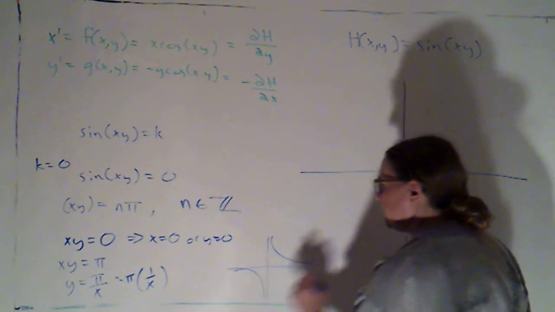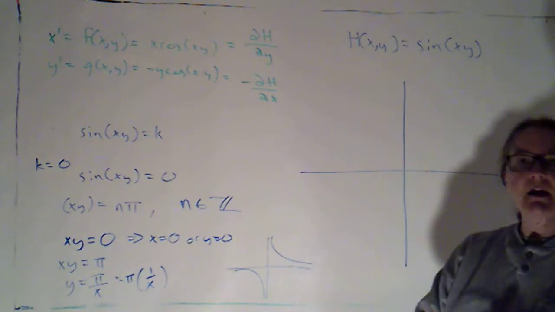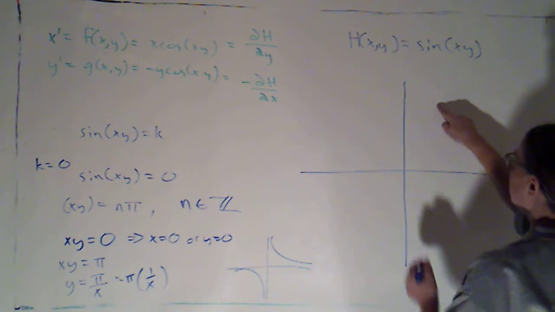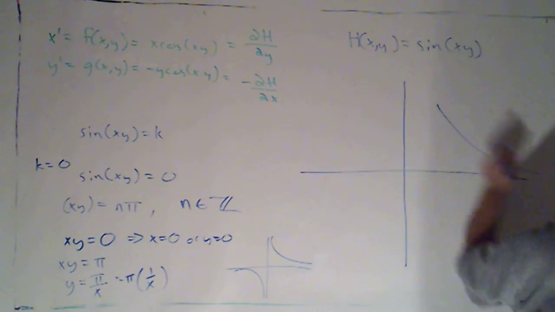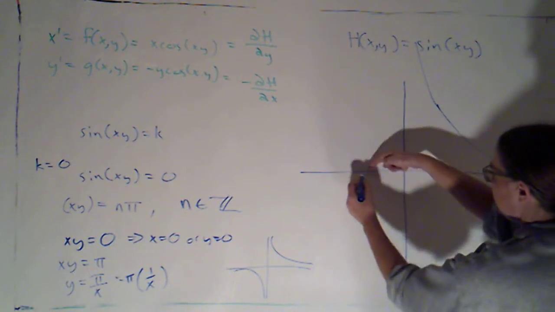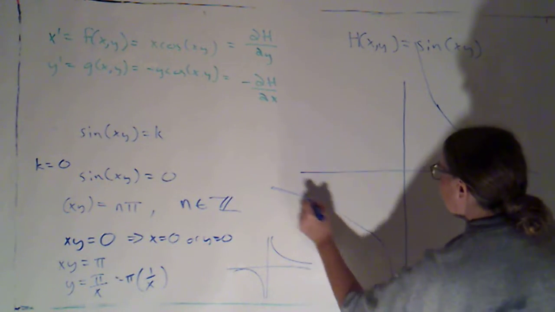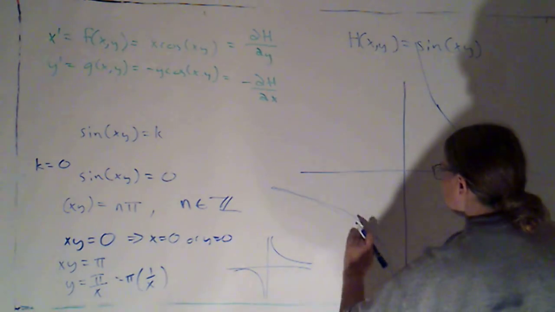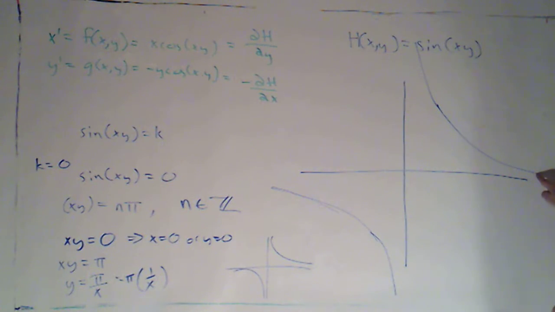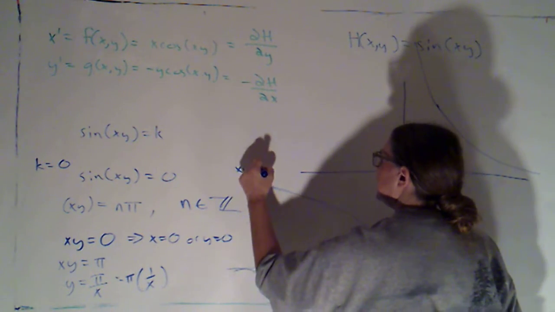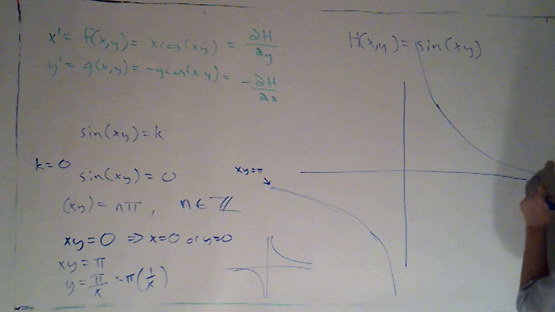I know what the reciprocal function looks like. I'm just scaling it by a factor of pi. So instead of going through the point 1, 1, it's going to go through the point 1, pi. That just skews it a little bit. Instead of negative 1, negative 1, it'll be negative 1, negative pi. Again, that just skews it a little bit. So this curve right here actually corresponds to xy equals pi.